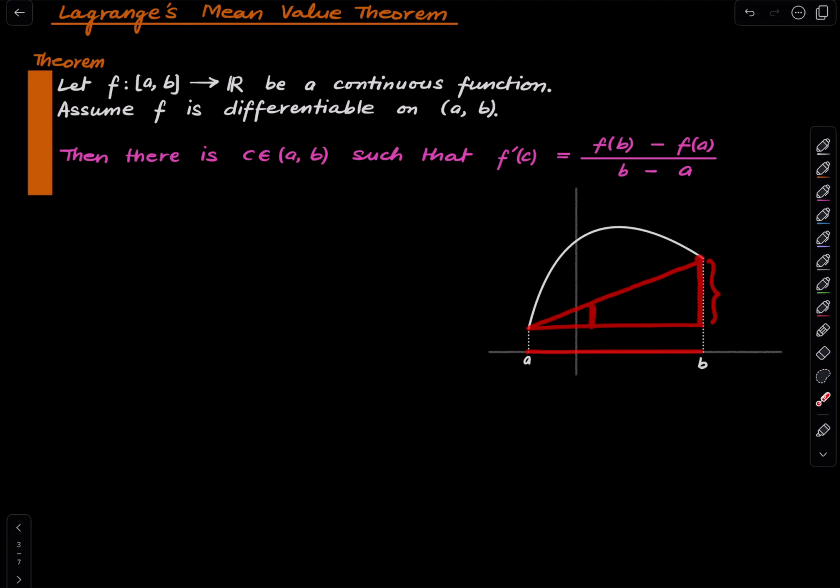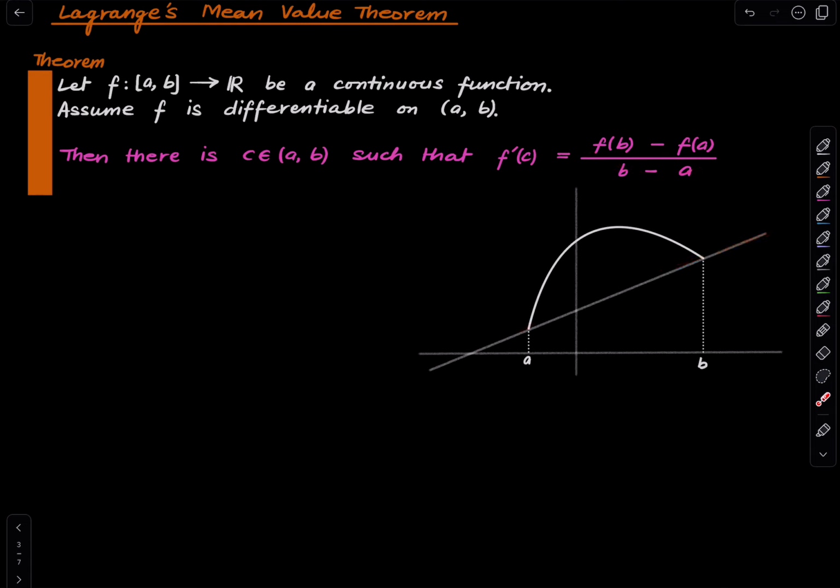This is fb minus fa. This is b minus a. So the tan of this angle, or you could say the slope of this line, is same as what is written here. Let me join that line. Right? So this quantity we geometrically understand, it is just the slope of this line.